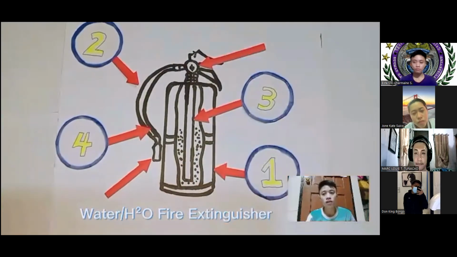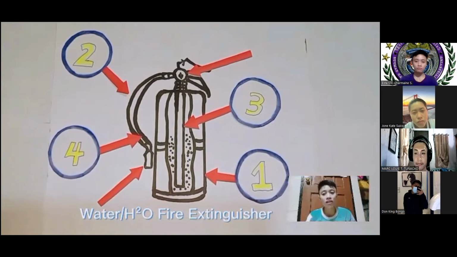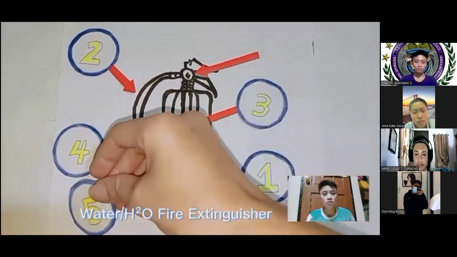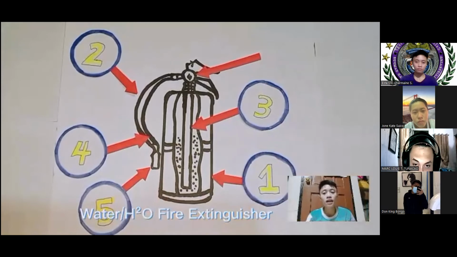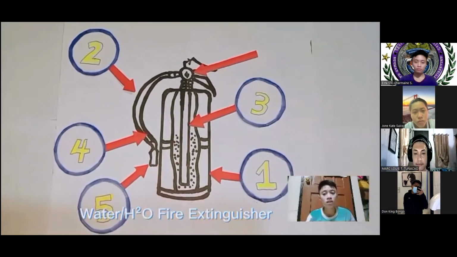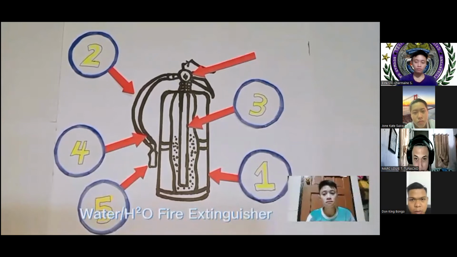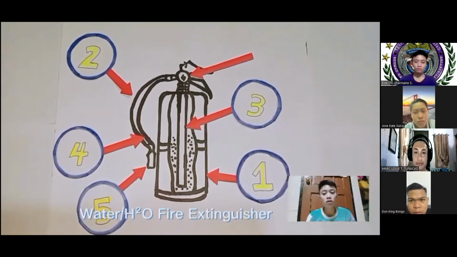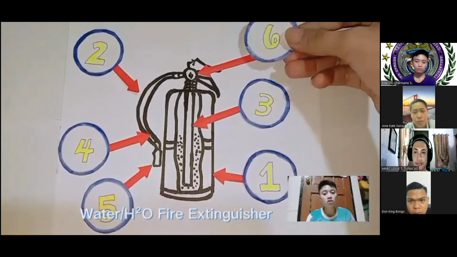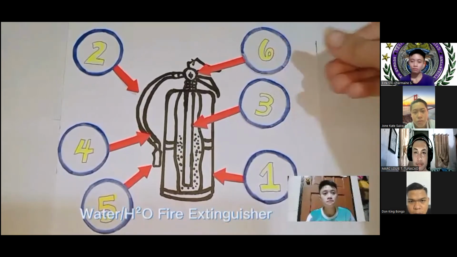It allows refined directing of the flow as it leaves the extinguisher. Number 5, the nozzle. It directs the extinguishing agent as it leaves the tank. And lastly, the pressure gauge, for measuring whether the extinguisher has enough pressure to put out a fire.